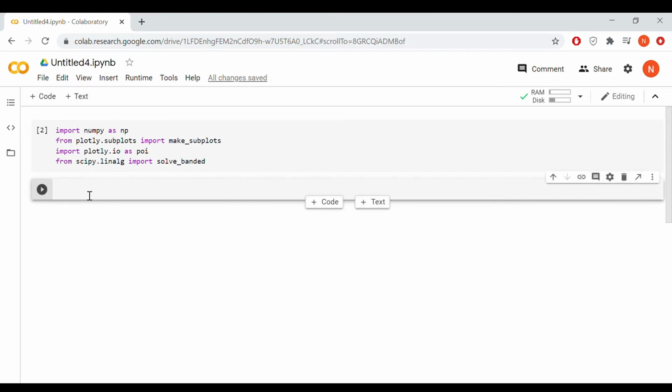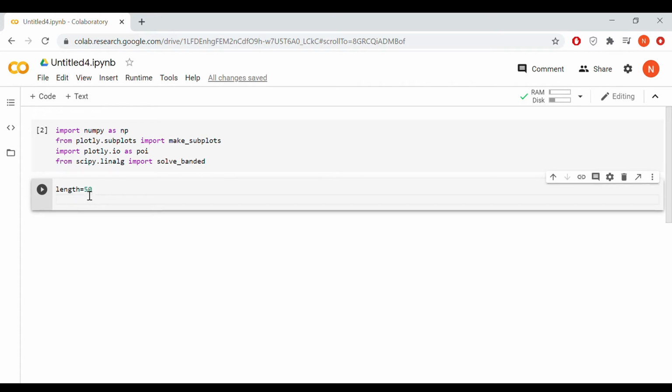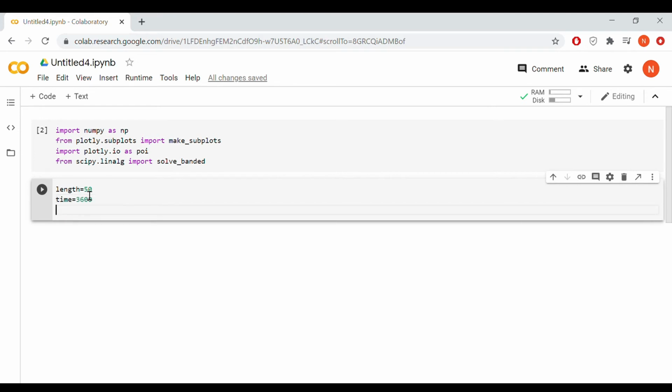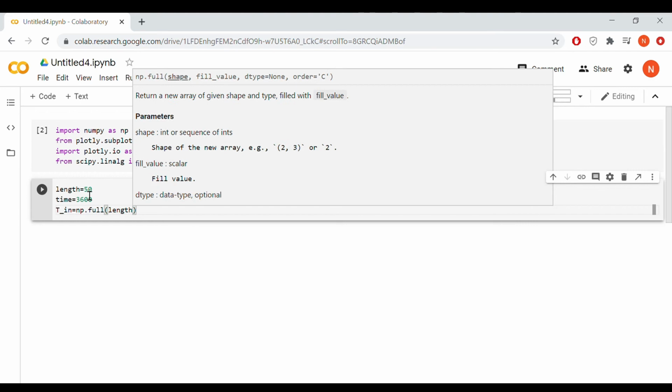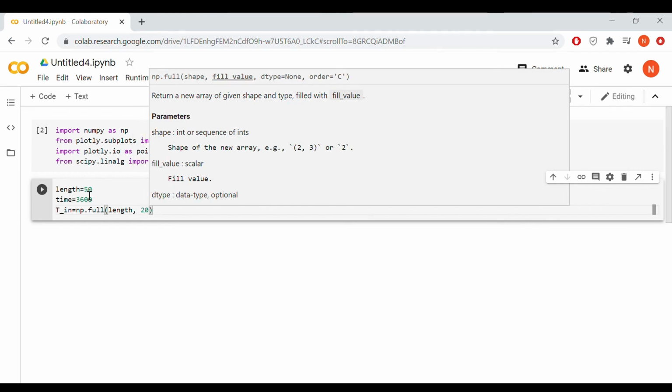Alright, good. Okay, so now we're going to start setting everything up. The length of our bar, the length is equal to 50. We'll set the time, we want intervals up to 3,600 seconds. The initial temperature, for right now, equals np.full, length, and then 20.